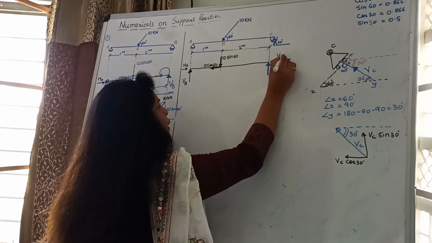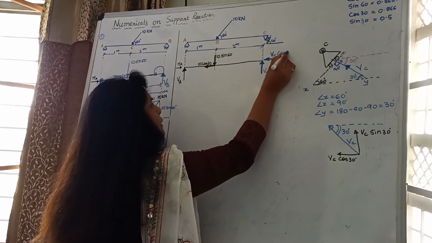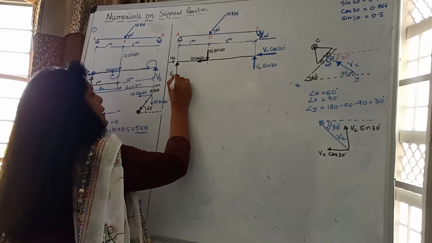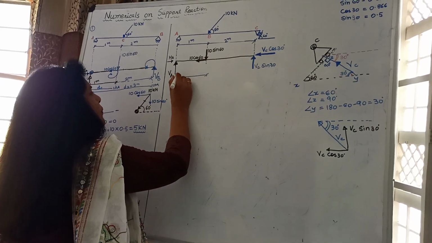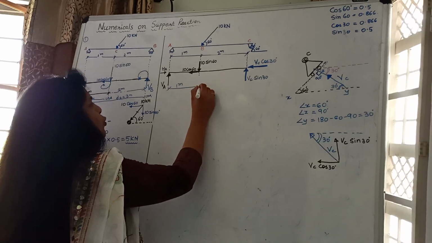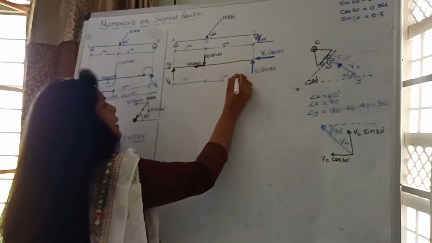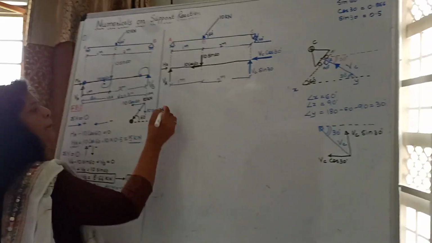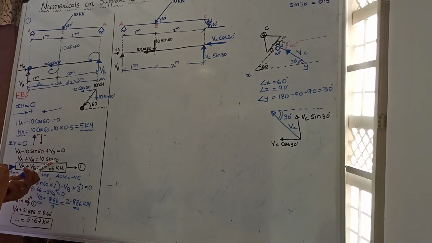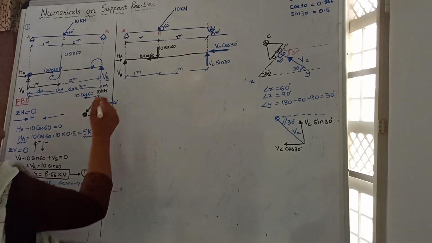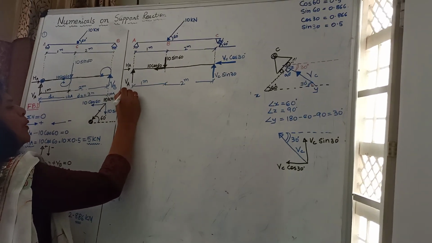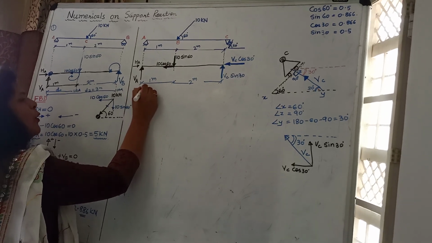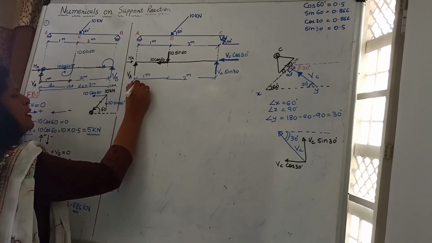I will show the distances. This distance is 1 meter and this distance is 2 meters. So this completes my free body diagram. This diagram is called a free body diagram. Now the problem is very simple.